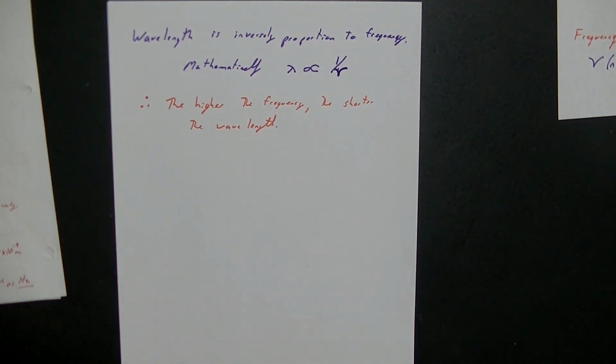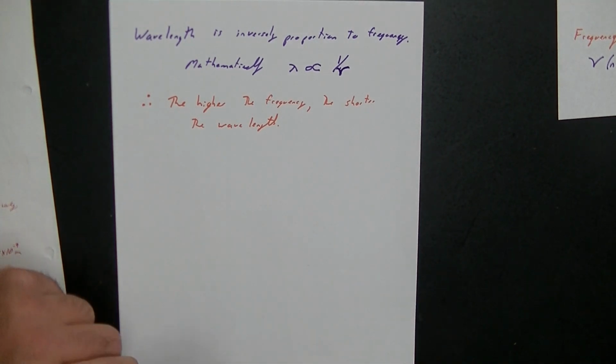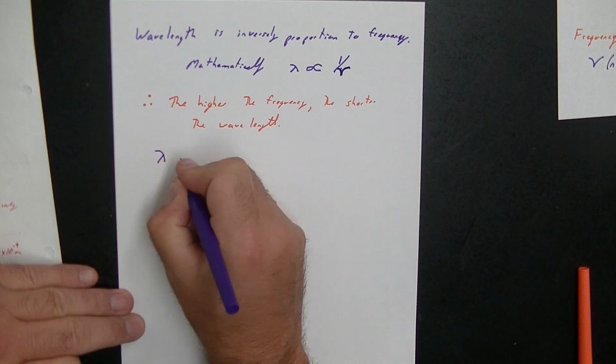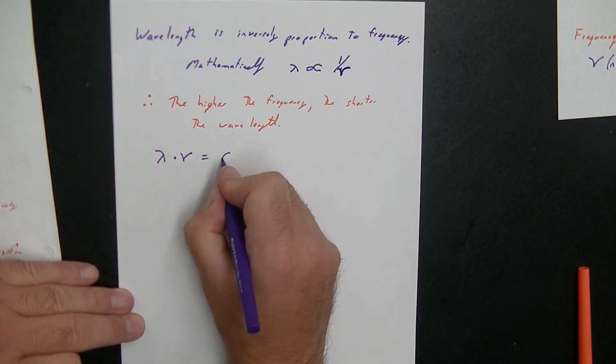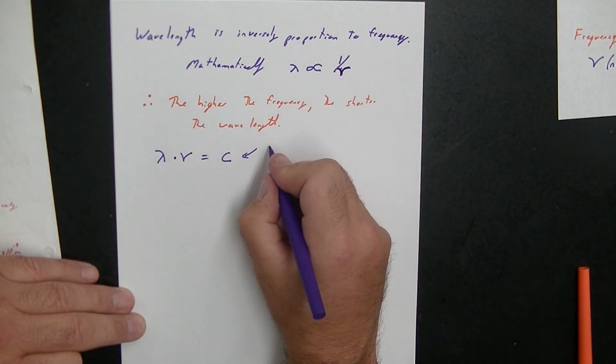Now there's a formula that you do need to know. Wavelength times frequency equals c. And c is the speed of light in a vacuum.